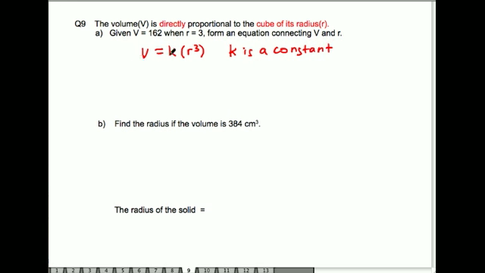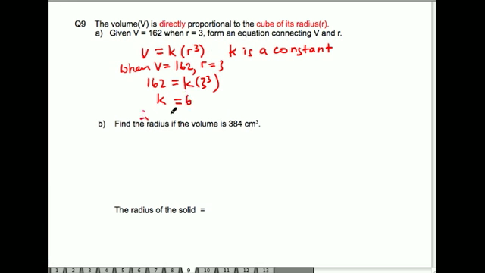Next, we need to find k by substituting the given values. When V is 162, r is 3, so 162 equals k times 3 cubed. 3 cubed is 27. And this gives us k equals 6.